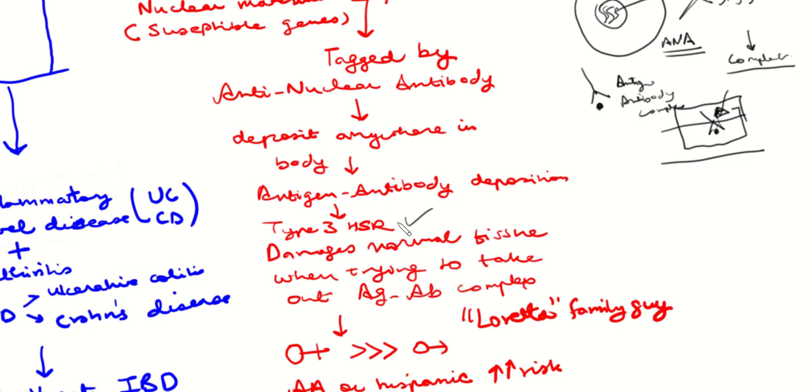Okay, so again, that's type 3 hypersensitivity that causes immune response to be mounted and damage to the normal tissue where the antigen antibody complex is deposited. Okay, so that's sort of how lupus comes to pass.